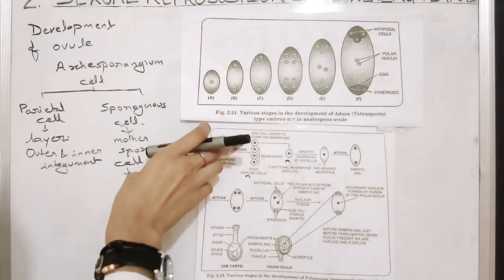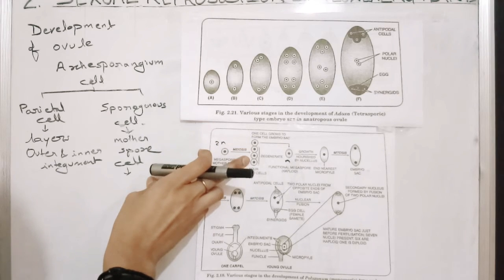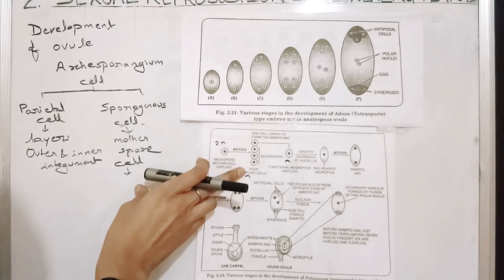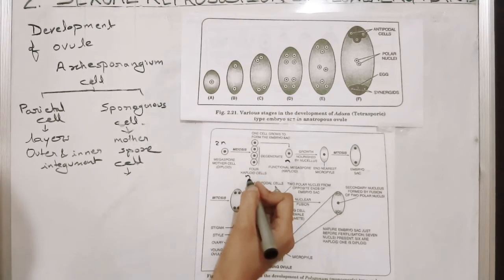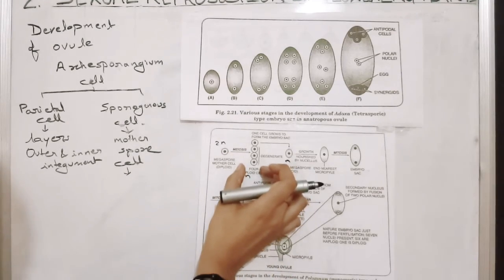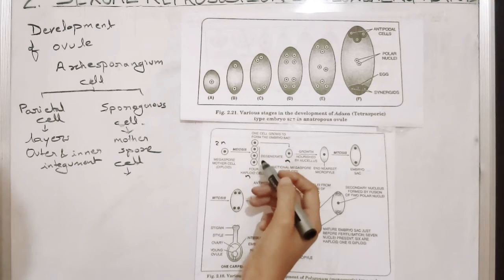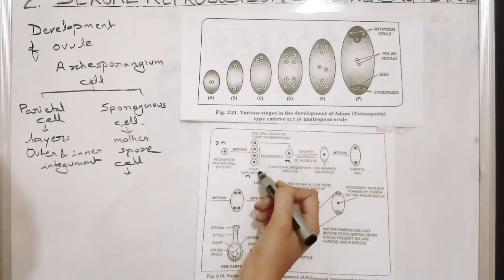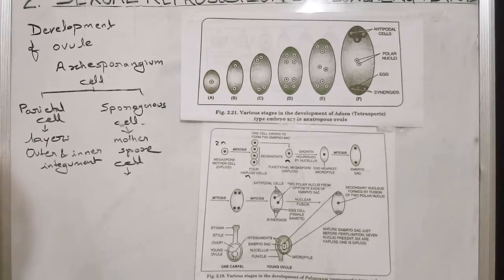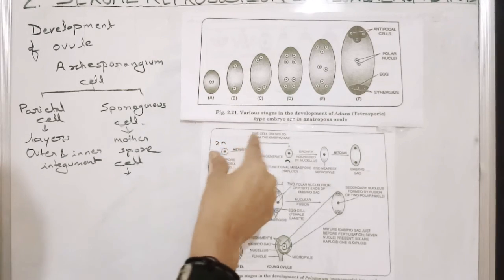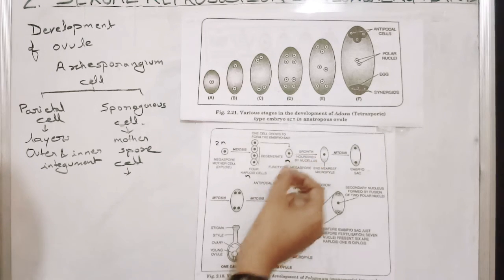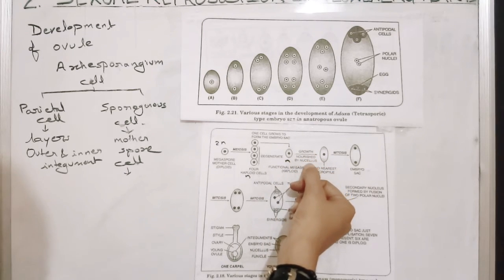Here four haploid cells are formed, which means the chromosome number is reduced to n. Out of these four haploid cells, three degenerate, and only one cell goes on in development and gets nourished by the nucleus.